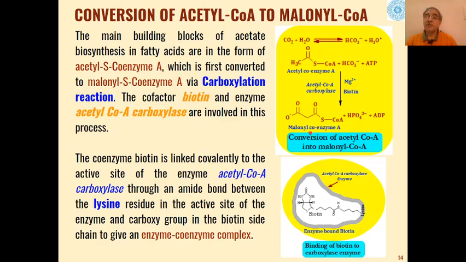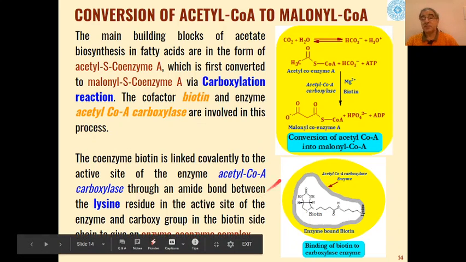and this malonyl part will be added to the acetyl coenzyme A, and we will get malonyl coenzyme A as the product. And the coenzyme biotin is linked to the active site of the enzyme, acetyl coenzyme A carboxylase, like this.